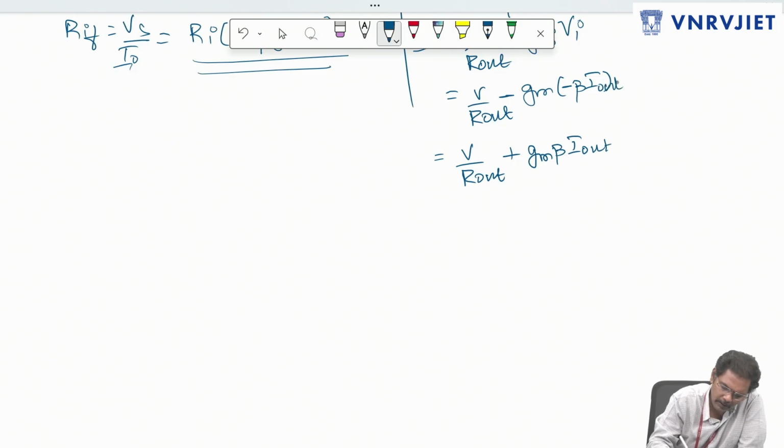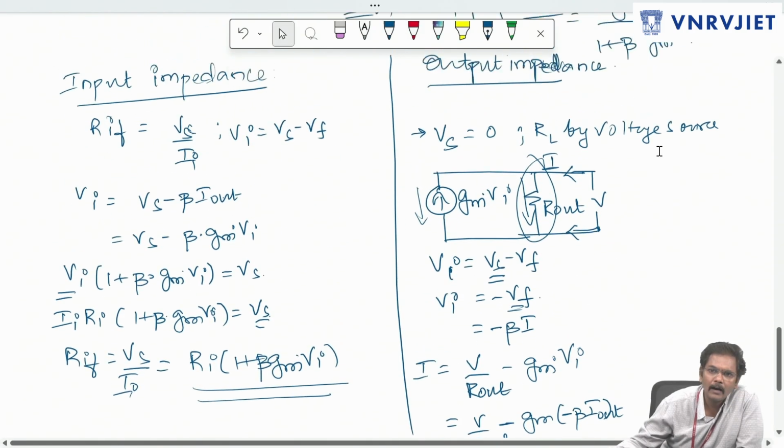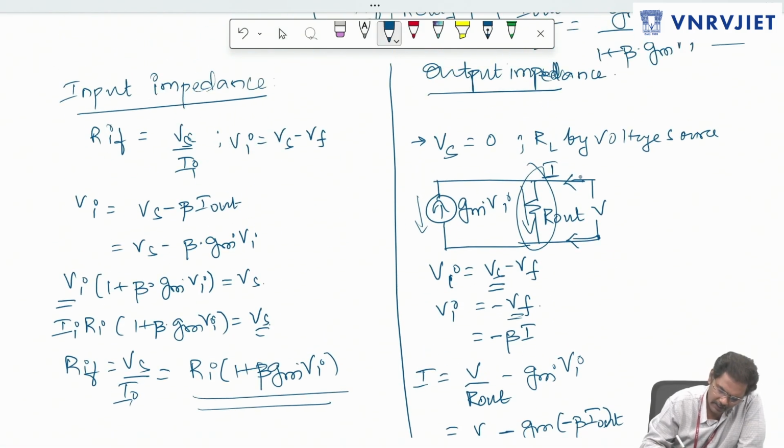So I'll use the term I out here. So now based on this, I is equal to V by R out minus Gm times I. The reason is pretty simple, because the direction of the I and I out, say this is I we are getting, so I out is in the opposite direction.